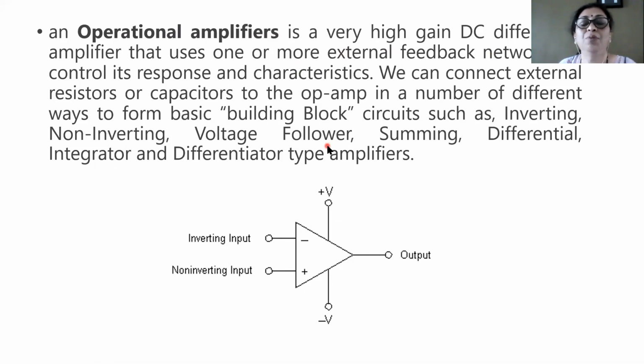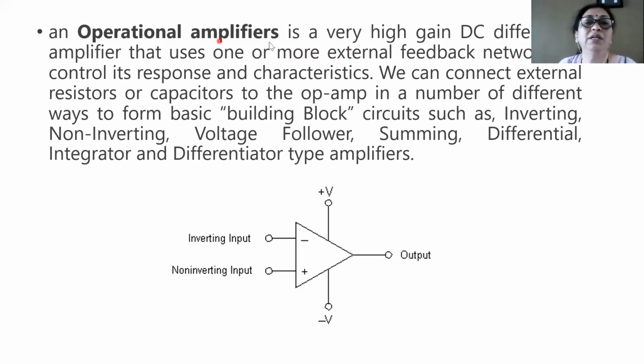Analog mathematical operations were possible with the help of this operational amplifier, and therefore this amplifier was called operational because it was used to compute mathematical expressions and operations. So this is how the operational amplifier has come into the field.